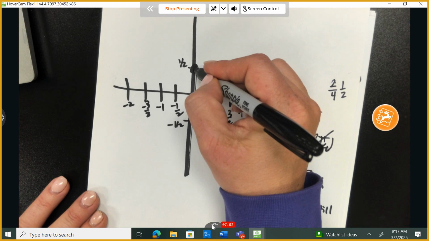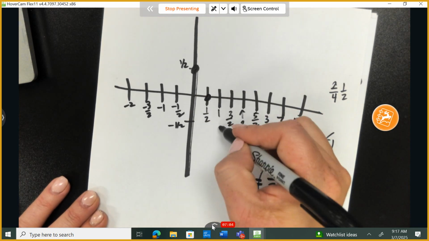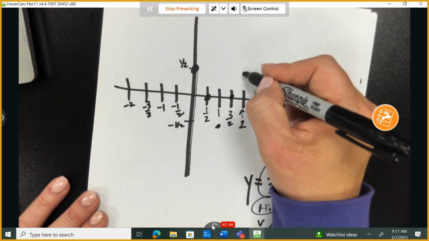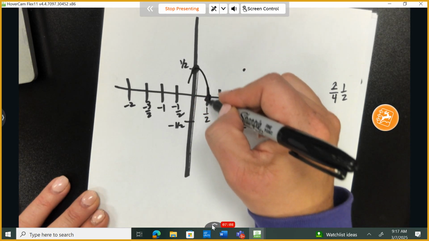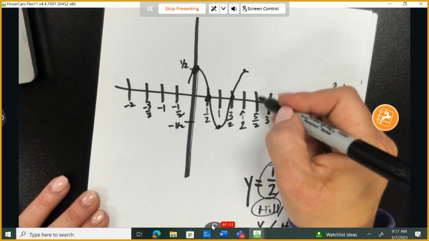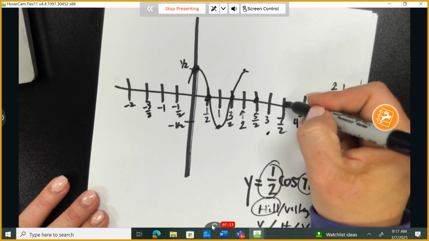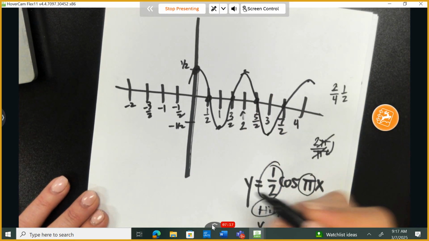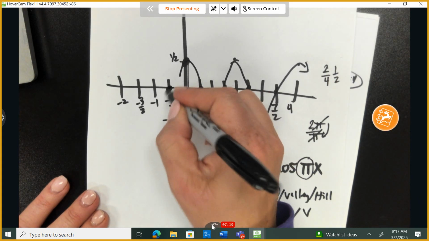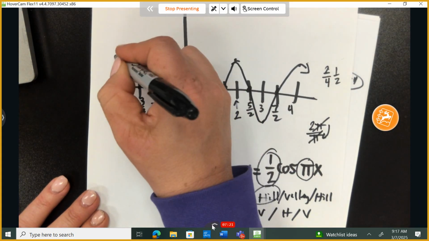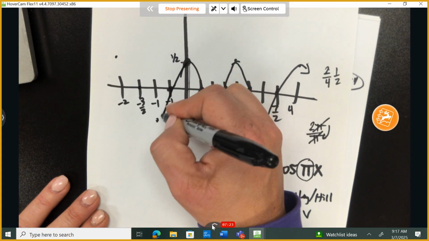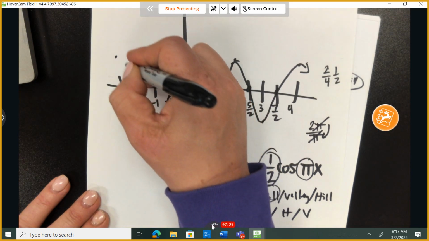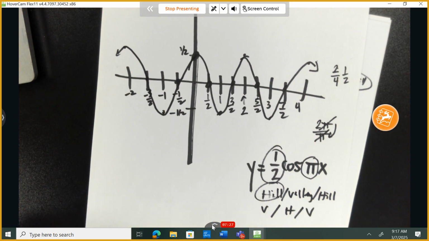So it's going to start here, and it's going to go step 1, step 2, step 3, and step 4. And we go again. Step 1, step 2, step 3, and step 4. And the other way. Goes down as low as -1/2, and up as high as +1/2.